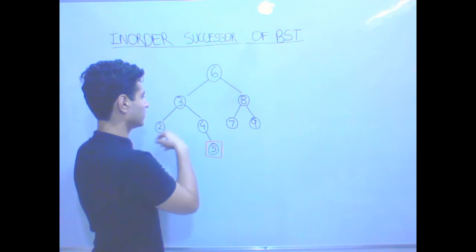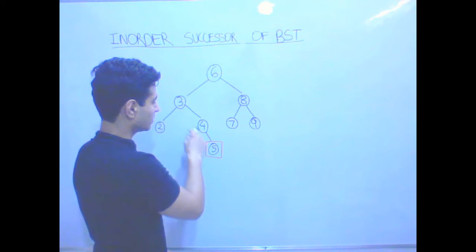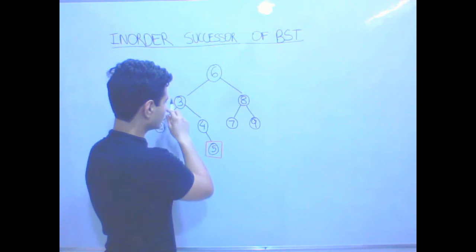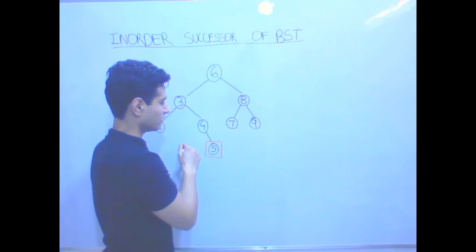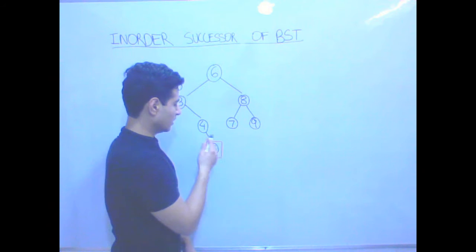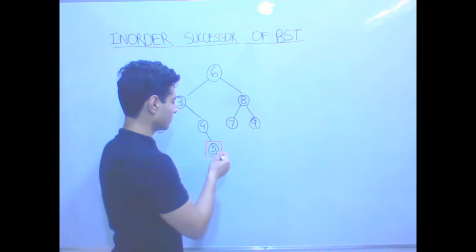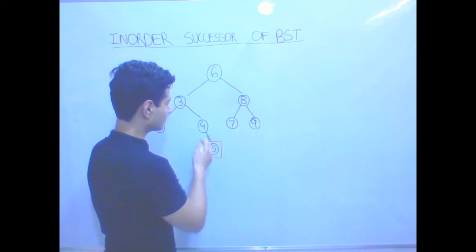We have finished our left node, so now it is at 3. Then again it goes right after storing 3, and 4's left is nothing, so it stores 4 now, and then it goes right, and 5.